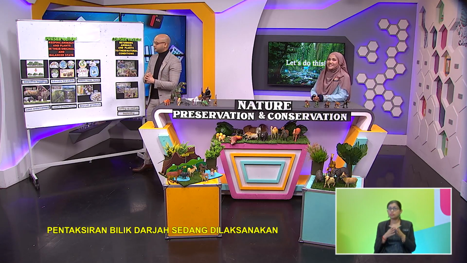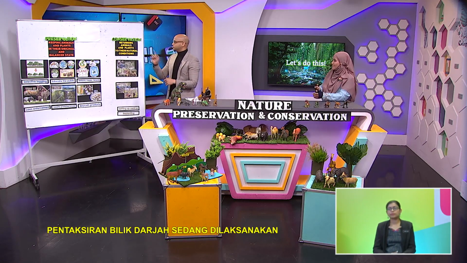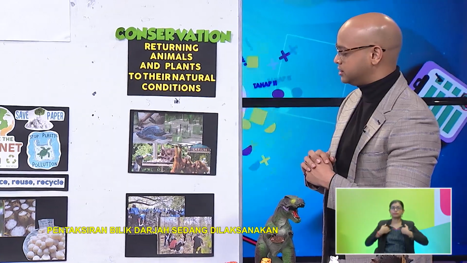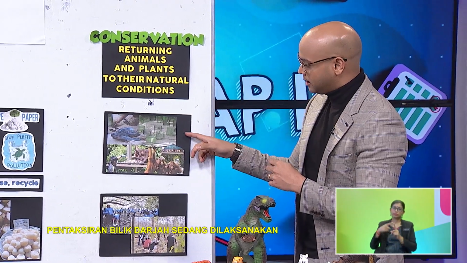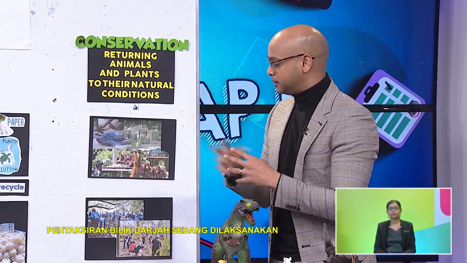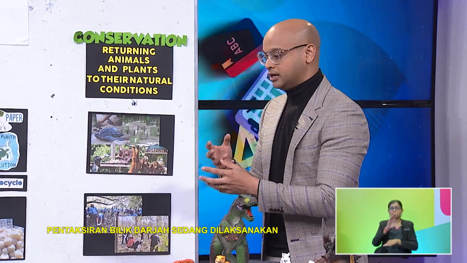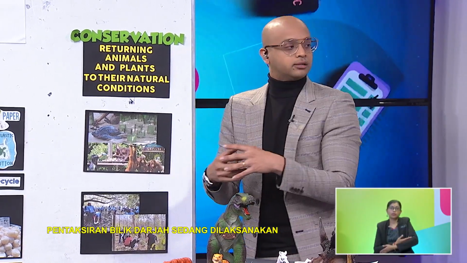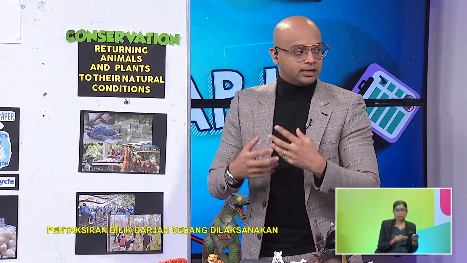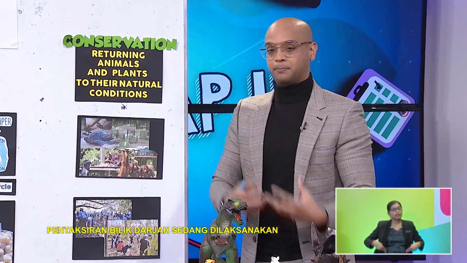Efforts, yes. Okay. And next we have here conservation. So returning animals and plants to their natural conditions. So here, I think this is something to do with rehabilitation. Yes. Like you mentioned, for example, if there is a baby orangutan who lost its mom, we need to somehow train it and nurture it so that it is able to fend for itself when we put it back into the wild.